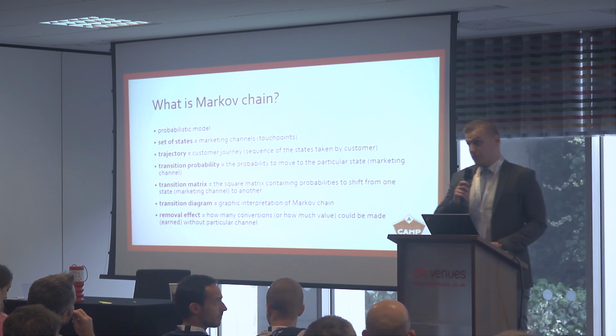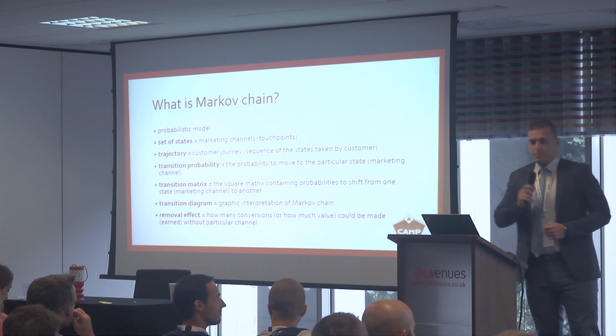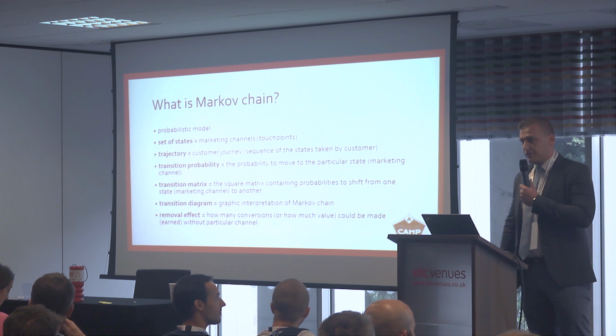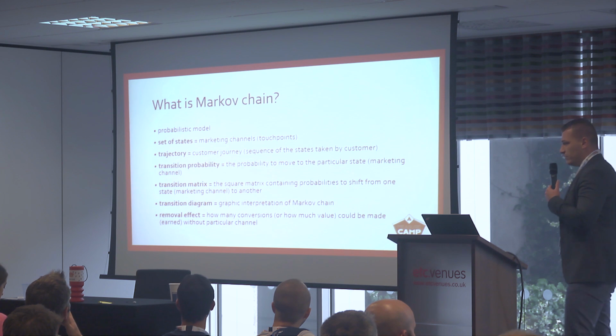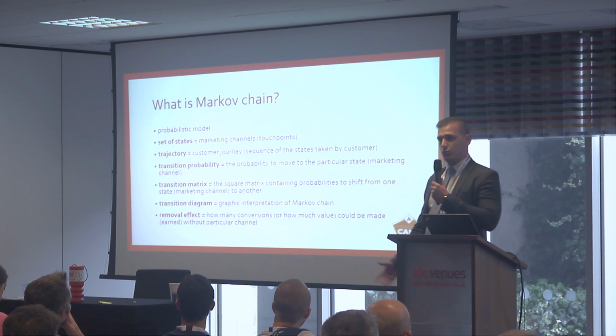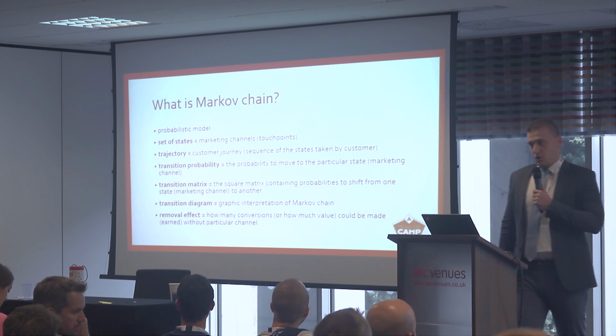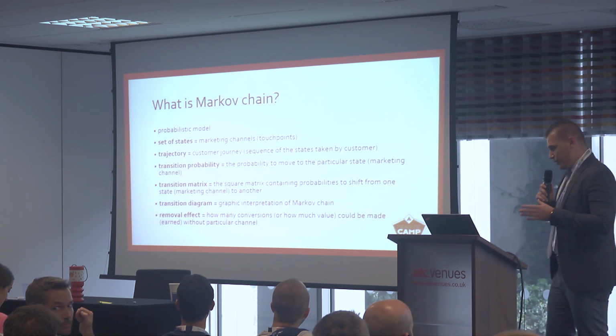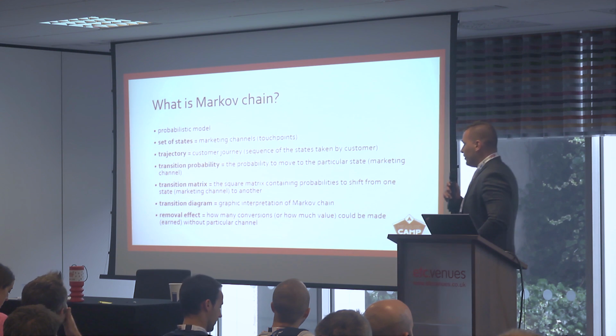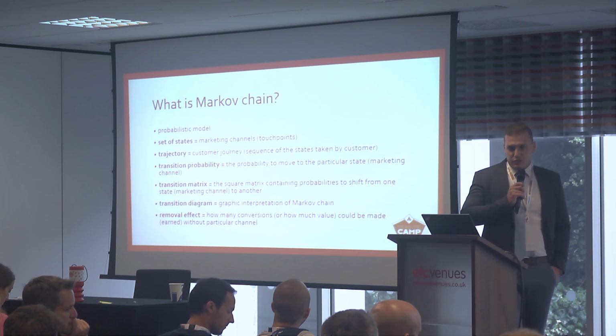So let's have a little bit of theory at the beginning. Markov chain is a part of game theory. That's why I used football. And it's not a heuristic model. It's a probabilistic model. So let's start with some terms that are used in this model. First of all is a set of states.